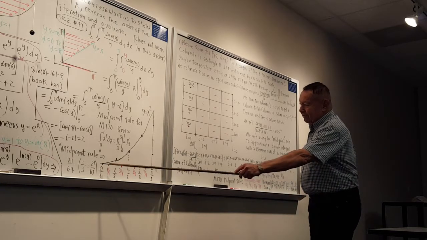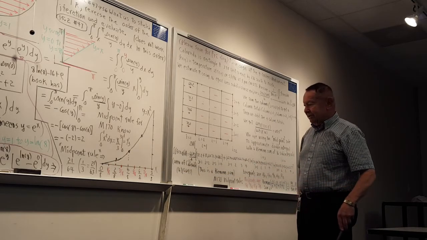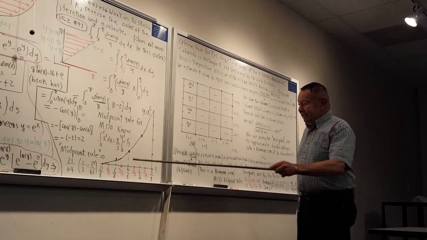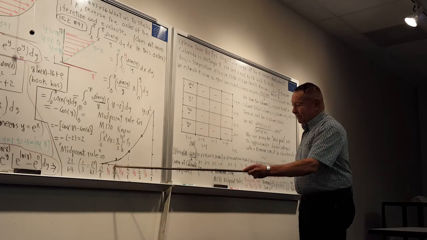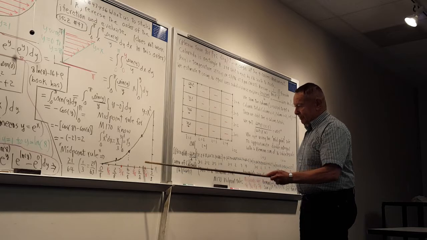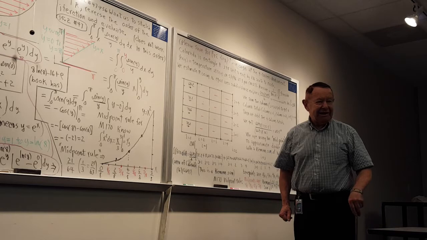So what would be the midpoint rule for a situation like this? You decide, first of all, how many base points you want to work with if you're doing any of these numerical integration schemes.